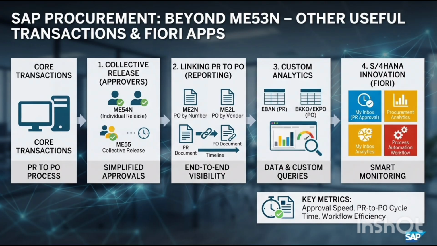To connect procurement planning all the way through to vendor fulfillment, transactions ME2N and ME2L allow you to view purchase orders by document number or vendor, establishing a clear end-to-end audit trail for the initial PR.